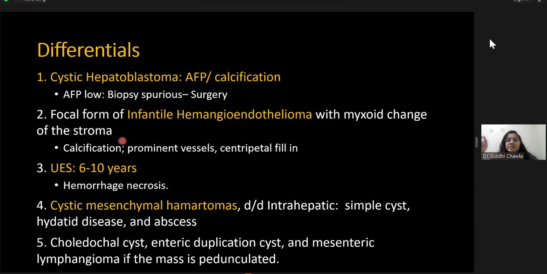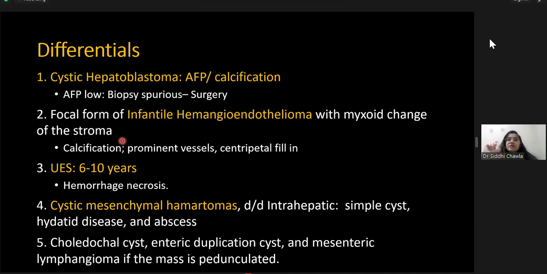And when you see a hyperechoic, solid appearing tumor on ultrasound, you know that you are not dealing with a lymphangioma. And that is why we had not kept lymphangioma in the differential of this patient, because the lesion was not cystic on ultrasound.